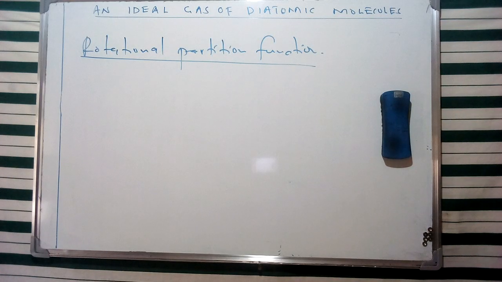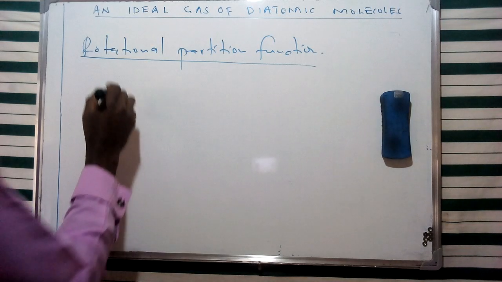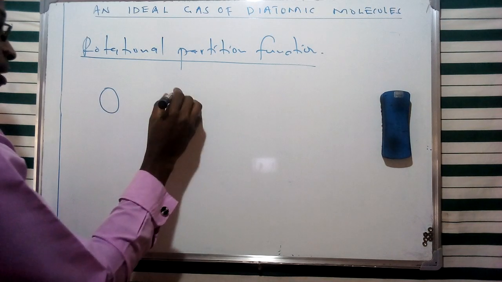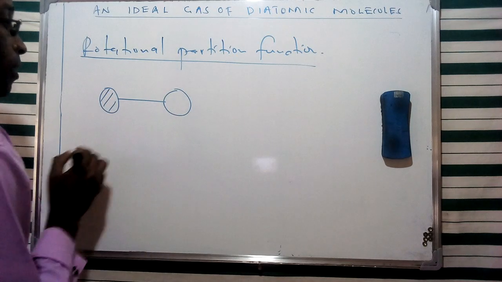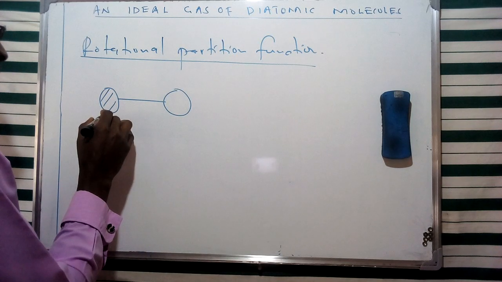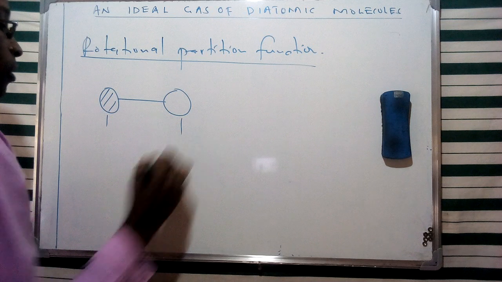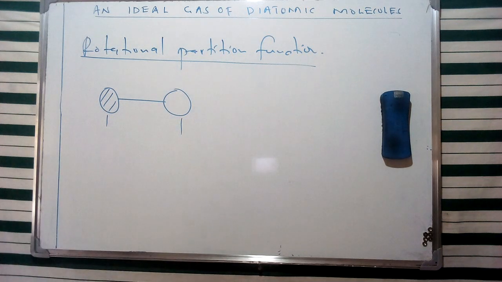Now, in my illustration, I'm going to consider the case of a heteronuclear diatomic molecule, which consists of 2 distinct atoms, illustrated in this form. I'm going to consider some of the properties used to describe the rotational properties of this molecule: the moment of inertia and the distance from the center of mass.